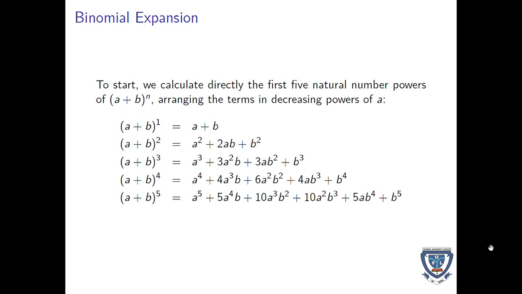A plus b raised to power 3 is a cubed plus 3a squared b plus 3ab squared plus b cubed, and so on. If you observe, you will see that while the power of a is descending, the power of b is increasing. So that is how binomial expansion works.